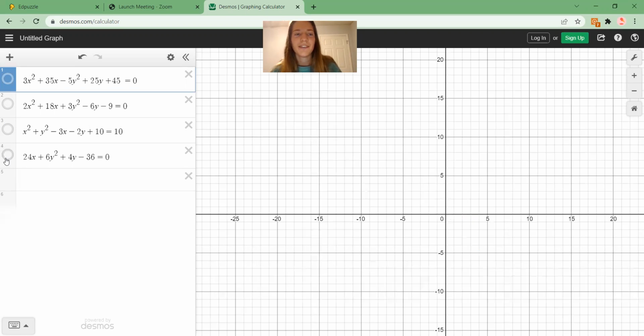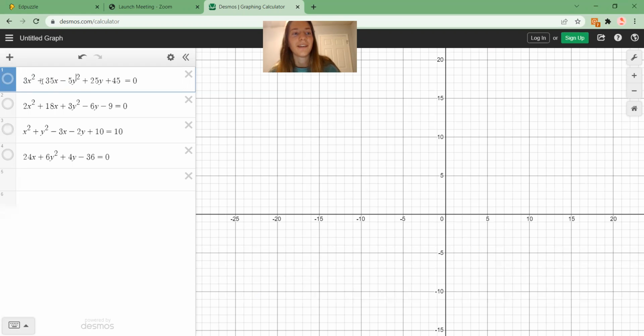And now I want you to look at these equations on the left of the screen and specifically just look at the x squared term and the y squared term. So what do you notice about the x squared term and the y squared term? Hopefully you noticed that the coefficients are different and there's a minus sign right here.